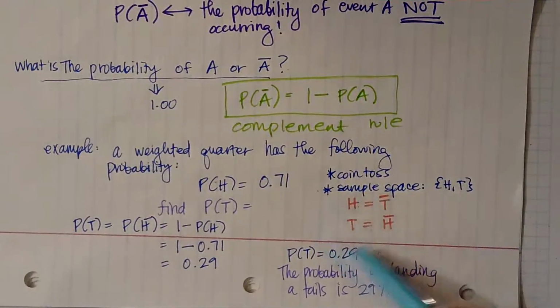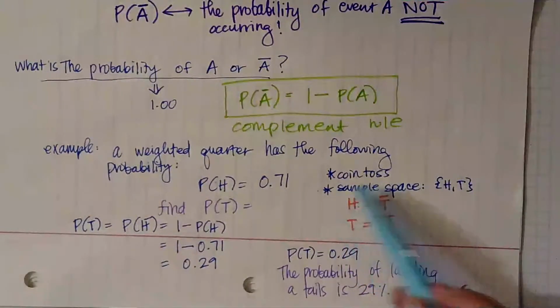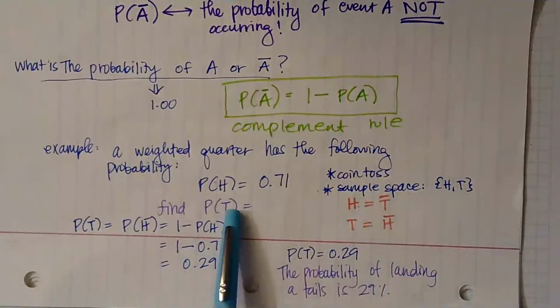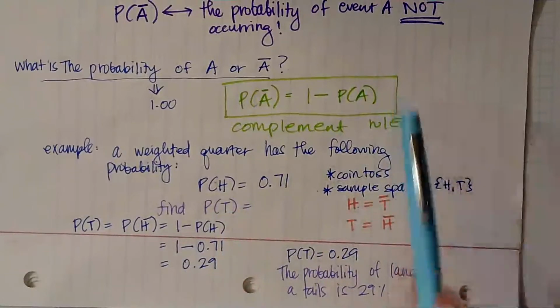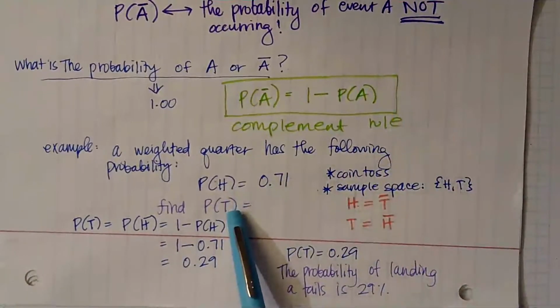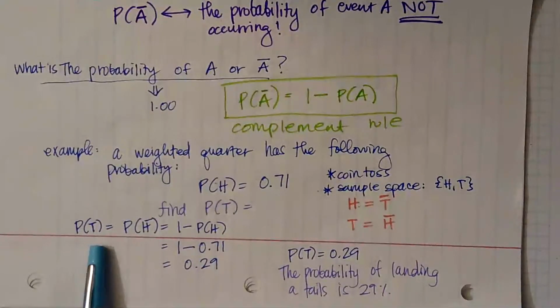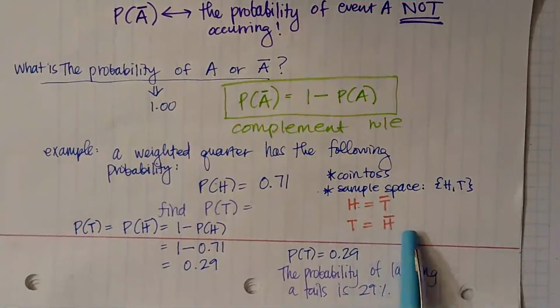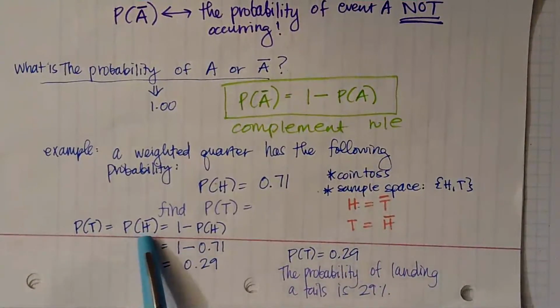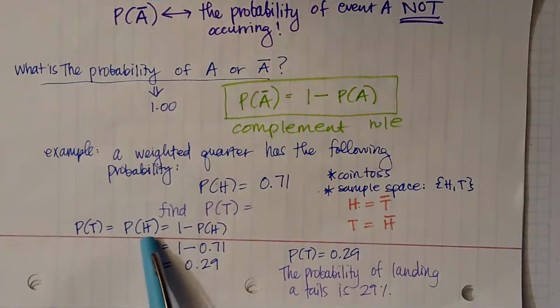So I'm going to use that logic to prove that I'm able to use the complement rule to figure out the probability of tails. So I recognize that the probability of tails is equal to the probability of not heads, because tails is equivalent to not heads.